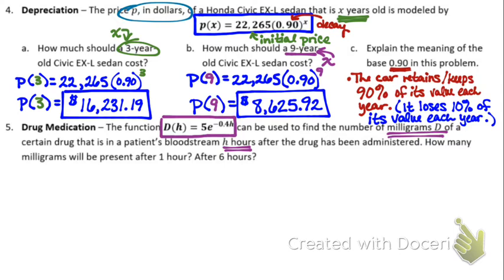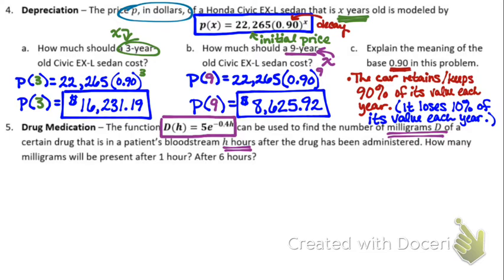So how many milligrams will be present after 1 hour and after 6 hours? Couple things that I can tell from this formula, because the 5 is in front of the e, the initial amount is 5 milligrams. So I know that this patient is taking 5 milligrams initially. I also know that it is decay because we have that negative 0.4 times our time.